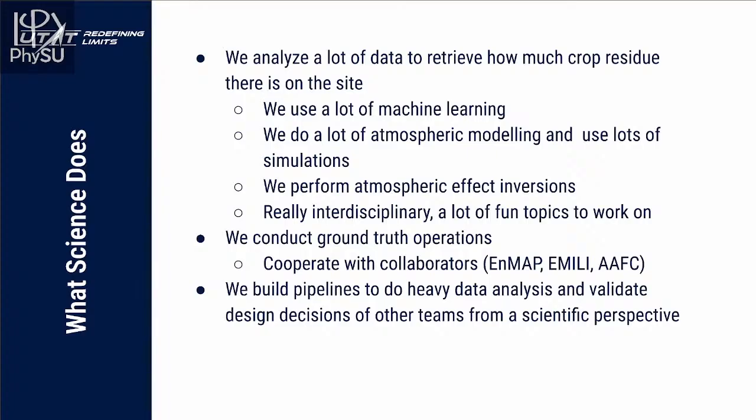We need to do quite a good deal of atmospheric modeling so that the data we have is usable, and alongside this, we perform atmospheric effects inversion on top of atmospheric data, which is what we hope to receive from Finch.